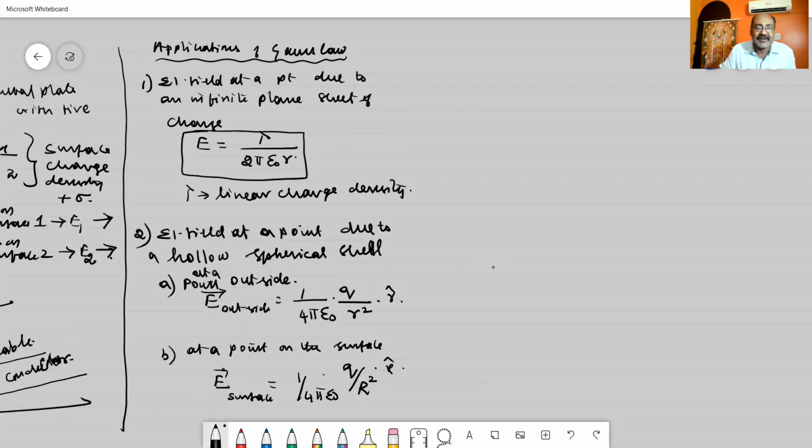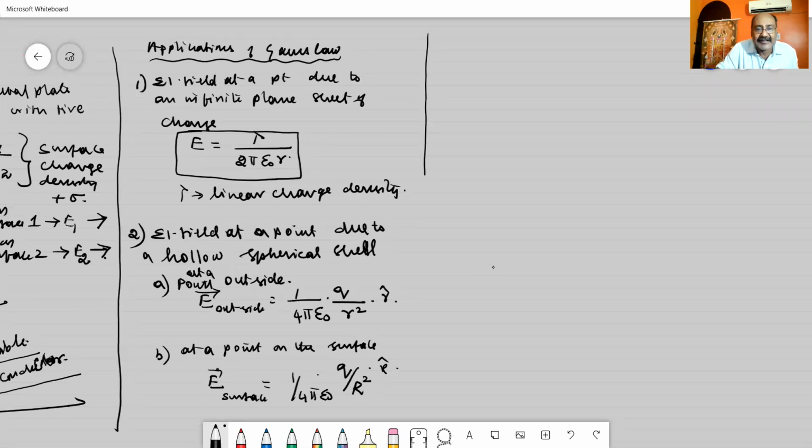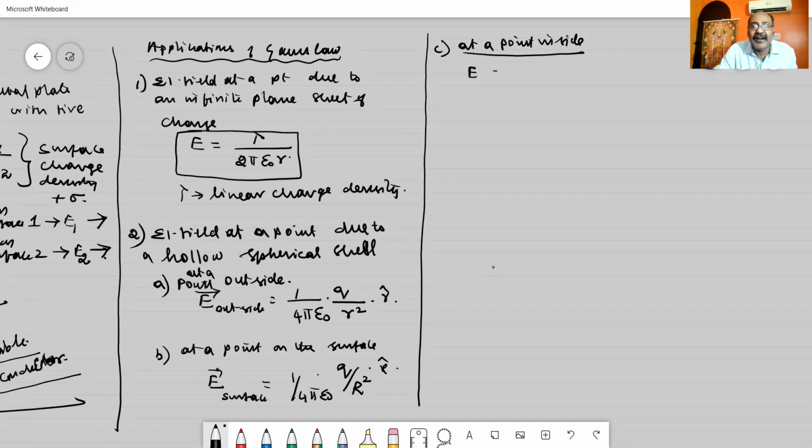Then what is the next one? We have taken the next one as at a point inside. When you are considering it at a point inside, the electrical field E is equal to 0.